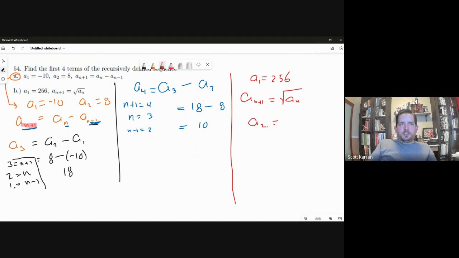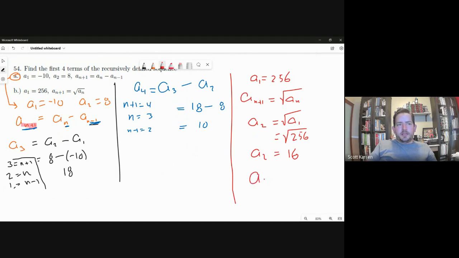But if n plus 1 is 2, n is just 1, so this is the square root of a sub 1. But I know a sub 1 is 256. And so it's just the square root of 256. And that is 16. So that tells me a sub 2, my second term, is 16.